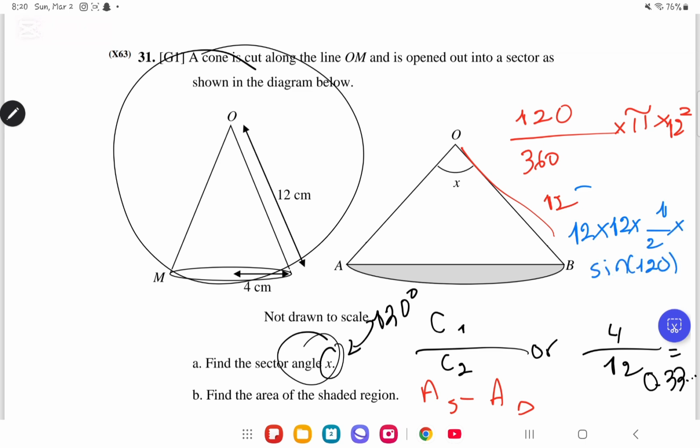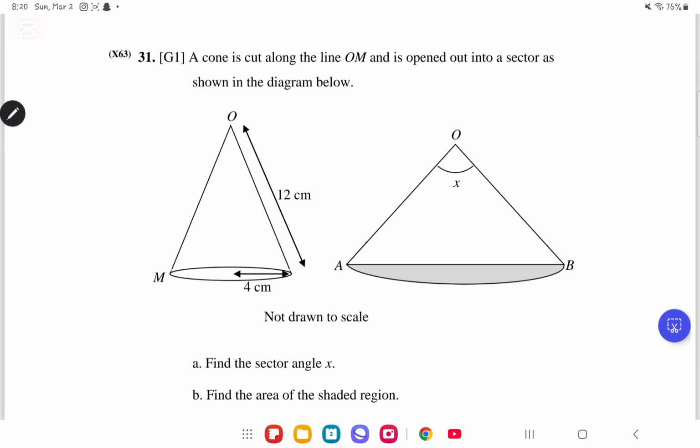So on the calculator, 120 over 360 times pi times 12 squared minus 12 times 12 times 1 over 2 times sine 120, it is very simply going to be 88.4 centimeter squared.